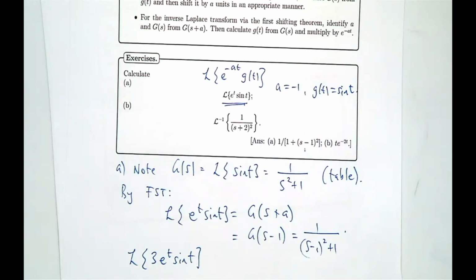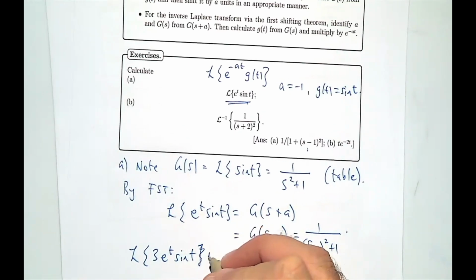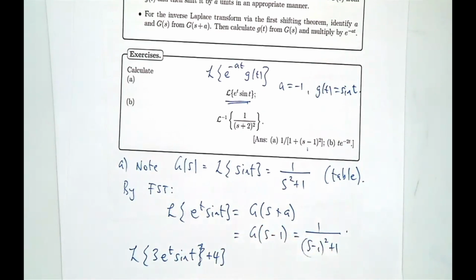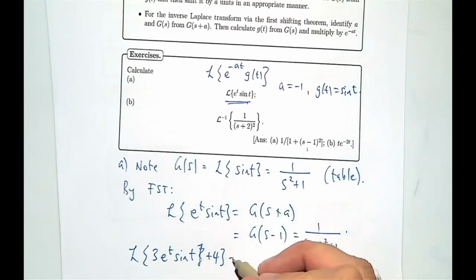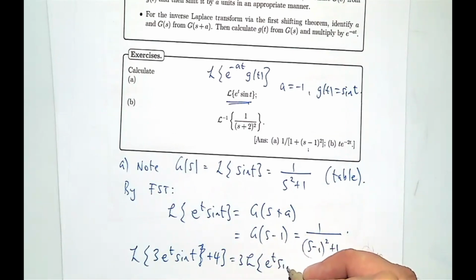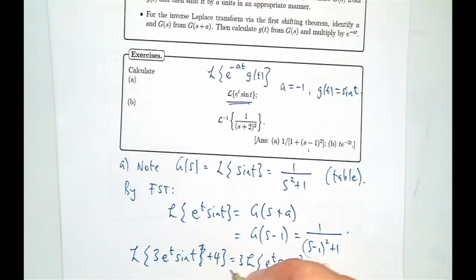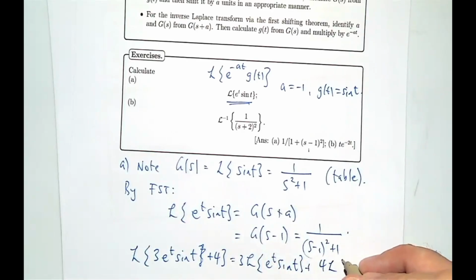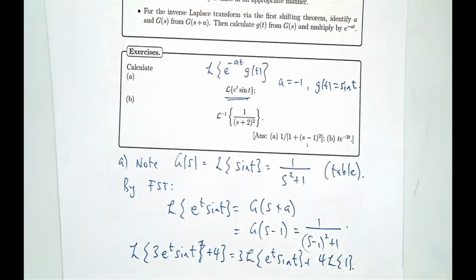Because I think I may have seen that in the question somewhere. Oh, well, yeah. Let's say it's this. So it's 3 times the Laplace transform of e to the t sine t plus 4 times the Laplace transform of 1. So that's the linearity. It's a linear thing, so you can break it up, which is nice.